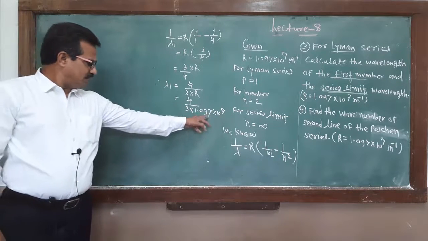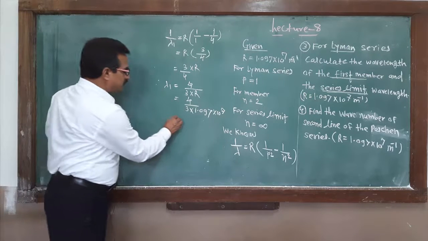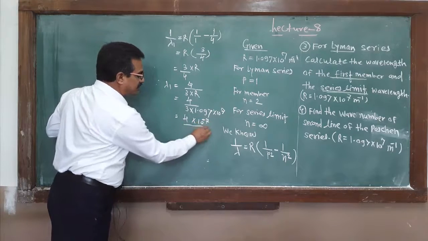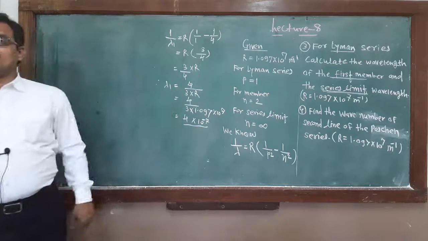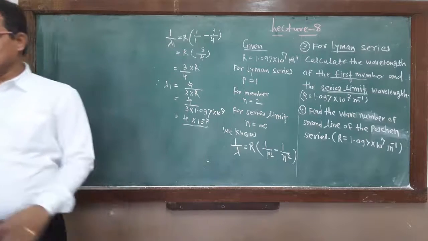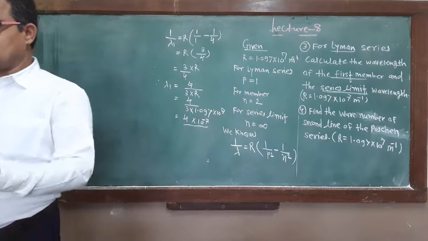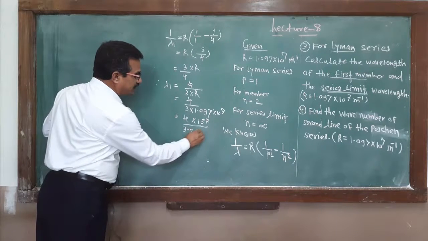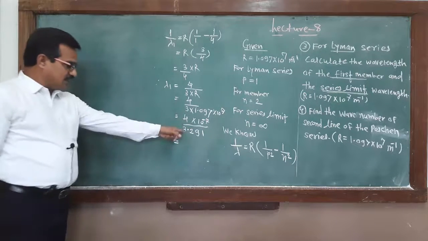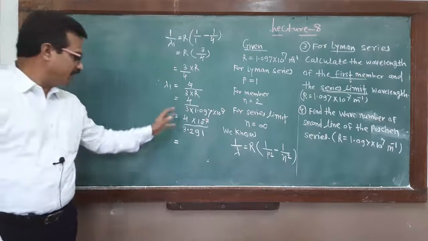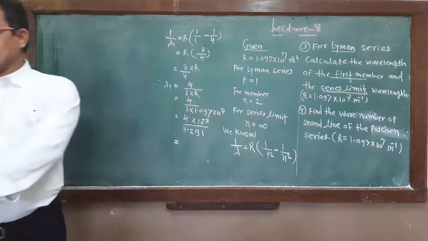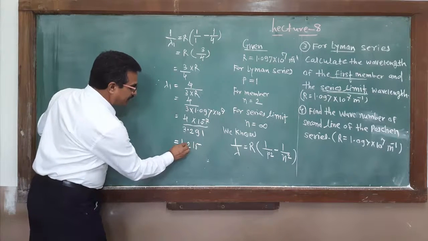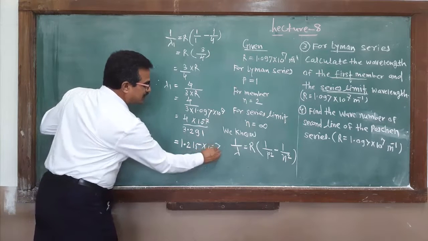That is 4 multiplied by 10 raised to minus 7 divided by 3 multiplied by 1.097, which is 3.291. Solving 4 divided by 3.291 by calculator, the value comes out to be 1.215 multiplied by 10 raised to minus 7.